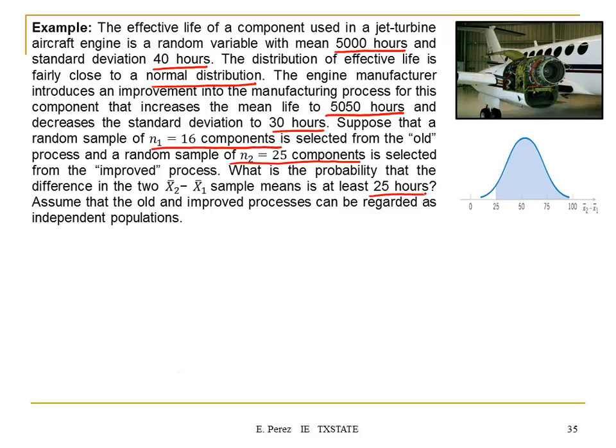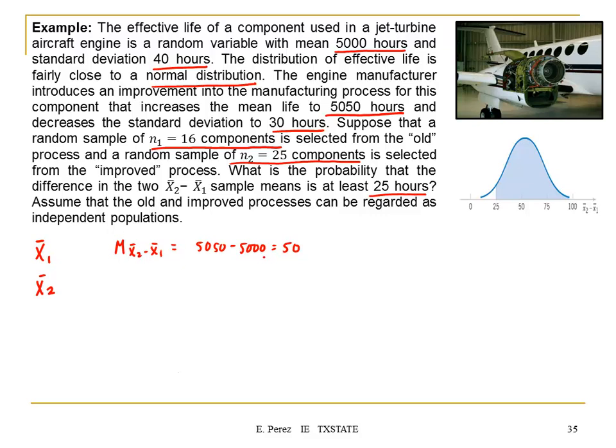So what we have here is we know x bar 1 and x bar 2, and we know that the mu of x bar 2 minus x bar 1 is going to be equal to the difference of the means, which is 5,050 minus 5,000. So this is equal to 50.